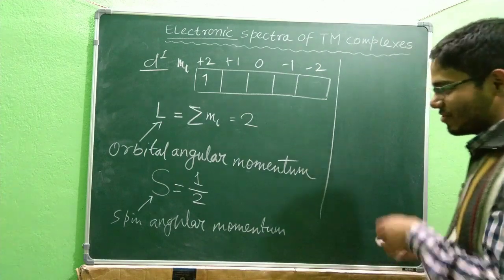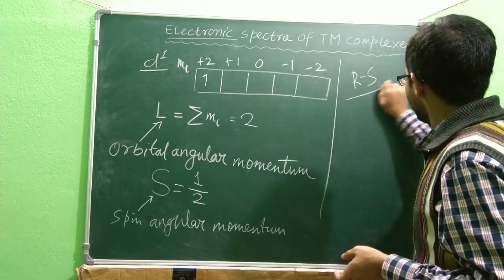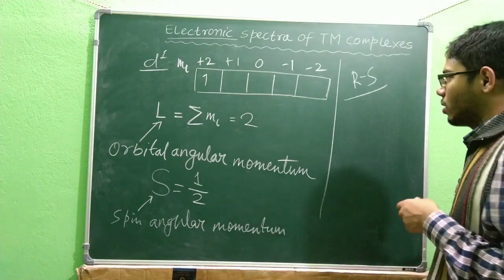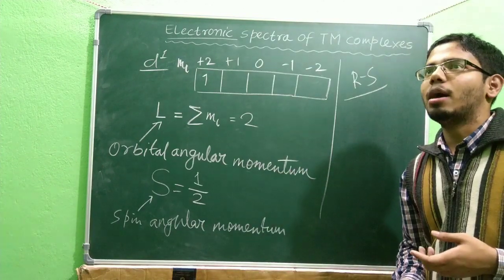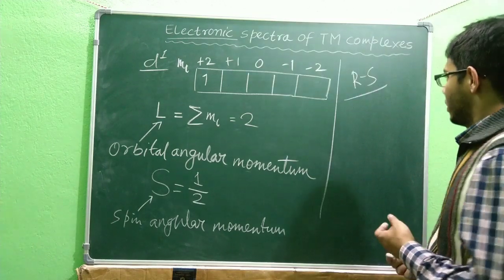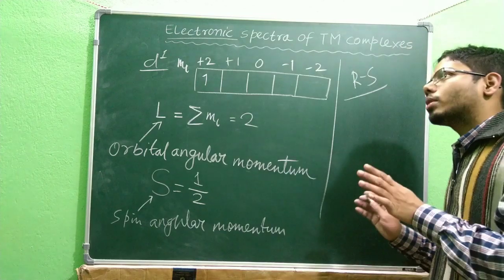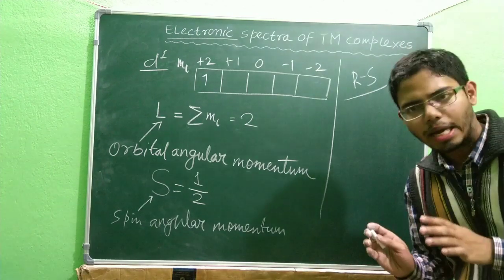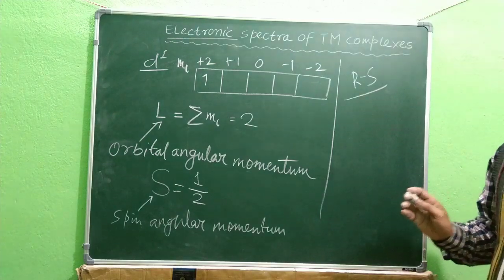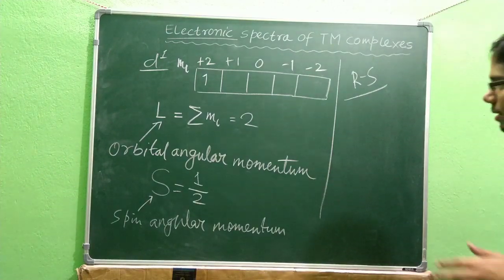Basically, this Russell-Saunders coupling is valid for low molecular weight atoms. It is valid up to say chlorine, and it is fairly good enough for early transition elements, maybe your first row transition elements.